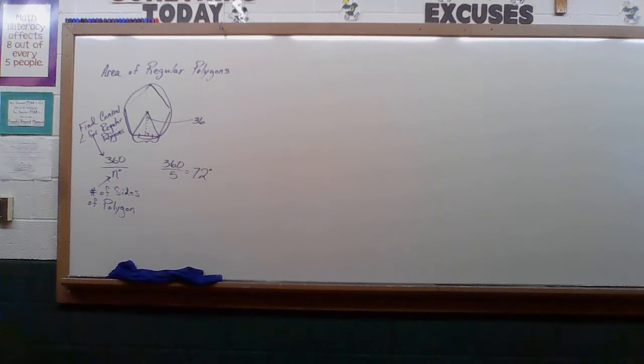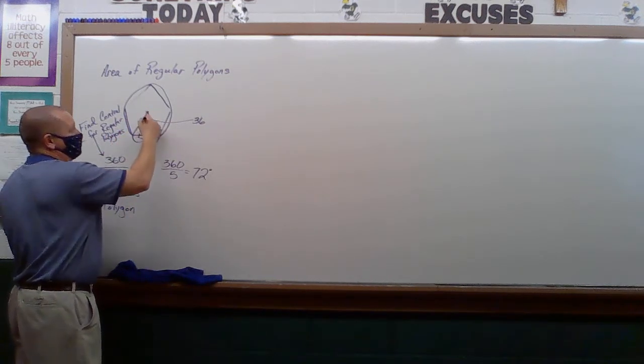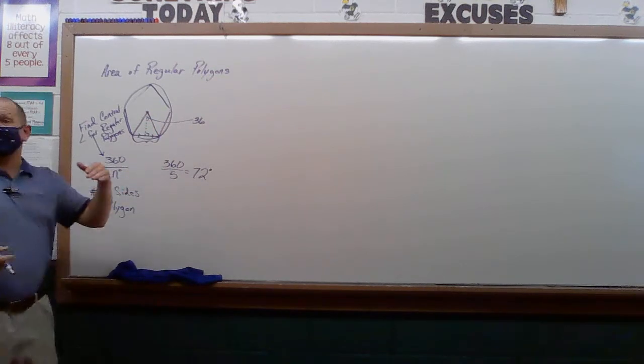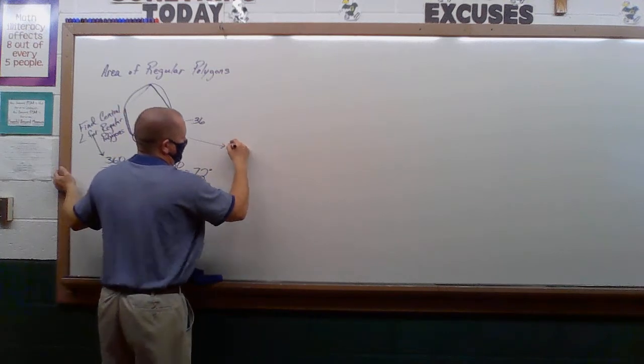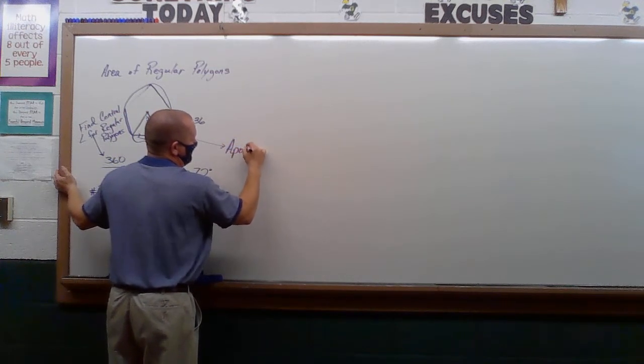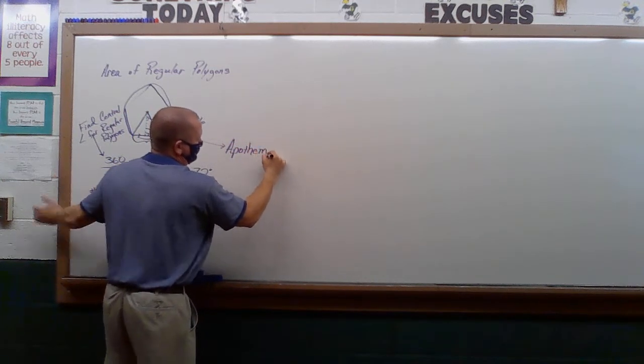So realistically, I could come back and put a slash here and a slash here because I know that's going to be true. But this line right here, which we call an altitude, in this particular case has a new name, and this is what we introduce as the apothem.